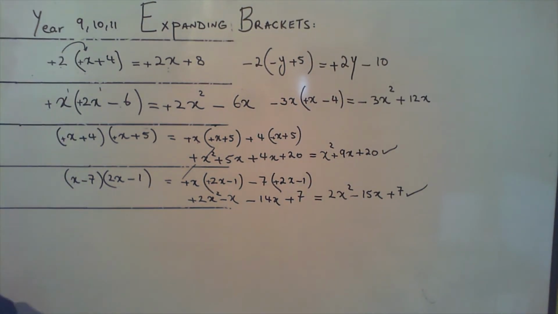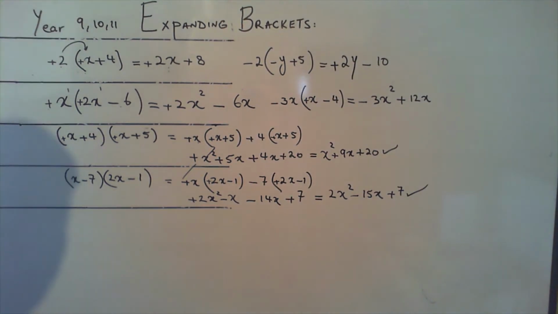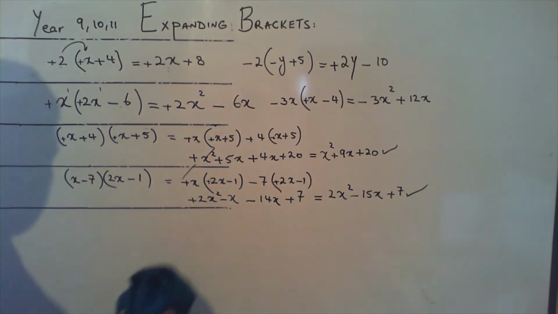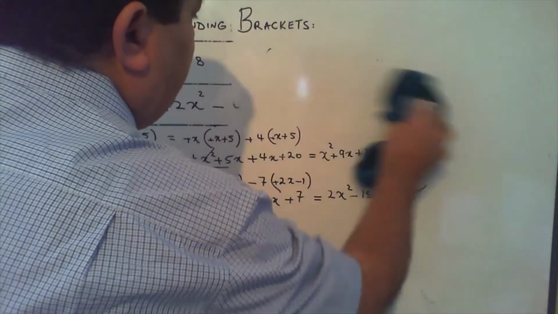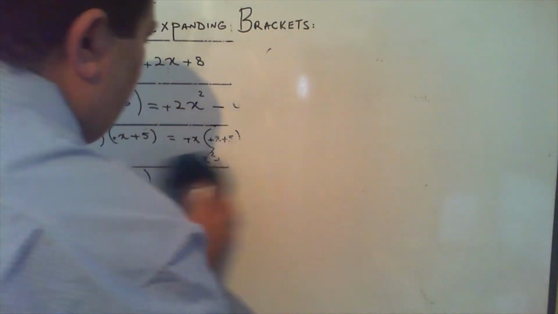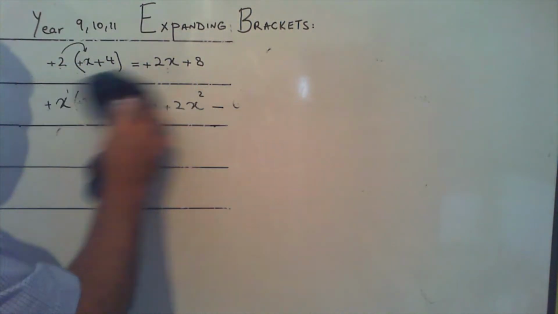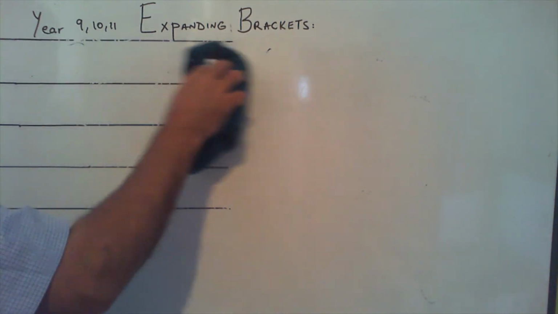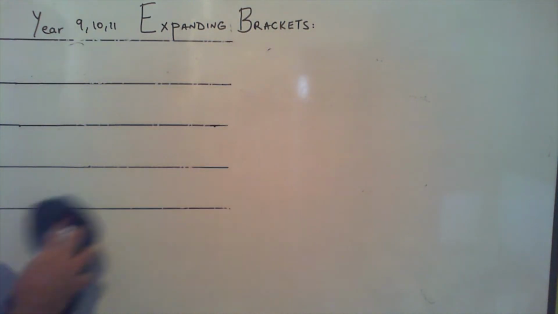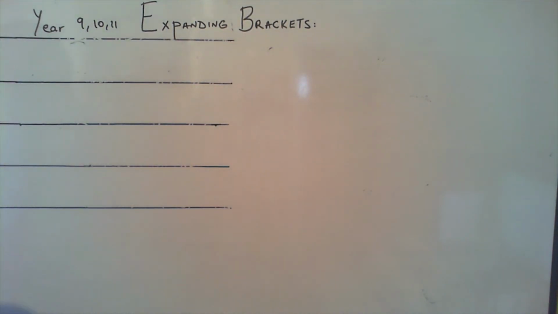But they might be having other questions as well, so I'm going to do another example for you for expansion of brackets. So far we had 4 examples, right? How about if you have something a little bit bigger but still follows the same rule?